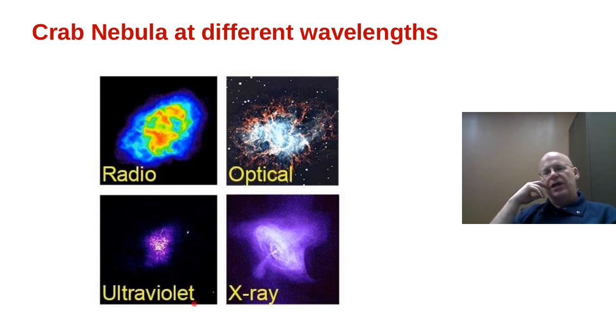And then if we look at the X-ray, we actually see this weird image of something rotating around a central object with jets coming out of it. That's actually an image of a neutron star in X-rays. We'll talk about that, but we never would have known there was a neutron star here by just looking at the optical light.